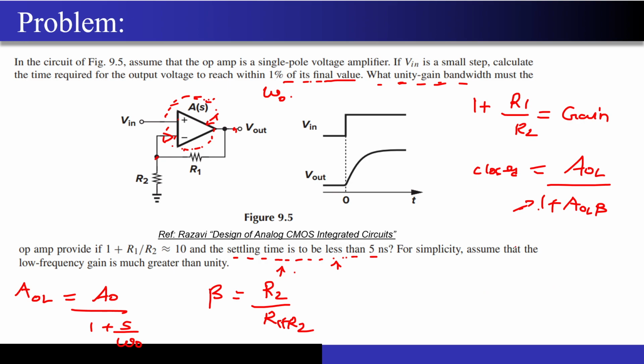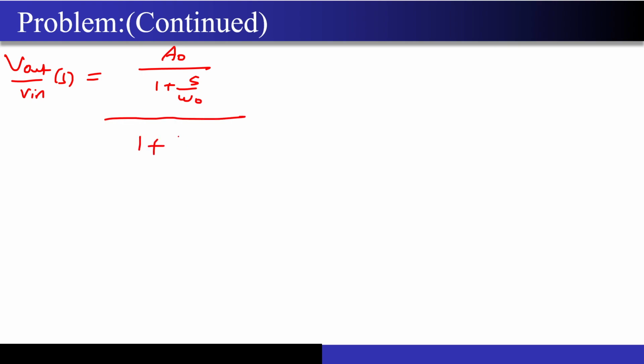Correct. So now if I write the closed loop equation, just give me a second. It will look something like this: V out by V in of S will be the open loop gain, A naught upon 1 plus S by omega naught, divided by 1 plus beta, which is R2 by R1 plus R2, multiplied by A naught upon 1 plus S by omega naught.